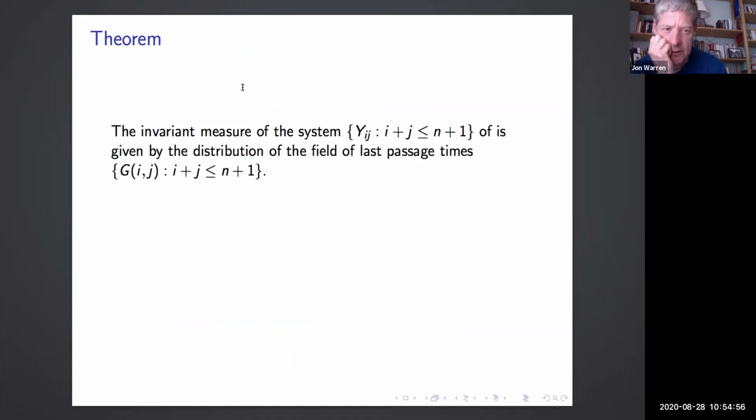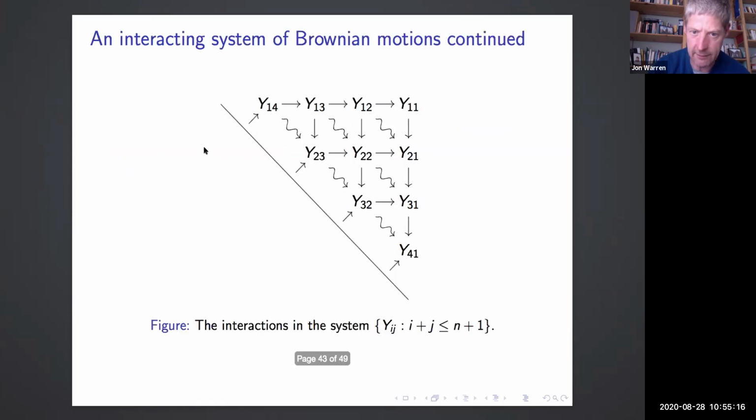Now, this extends the previous result. What's nice about this huge field of Y processes is that it has an invariant measure, and its invariant measure is exactly the distribution of the last passage times, which are all point to line, okay? But the point you're starting from is varying. So the Gij's are, if you now imagine exponentials living in this picture as well, G11 would involve the last passage time from (1,1) through to this line.